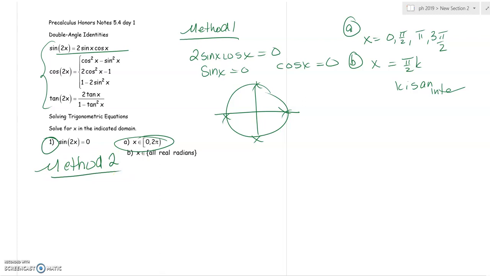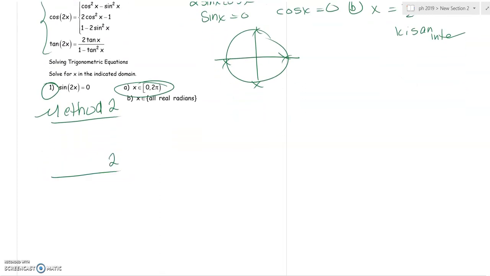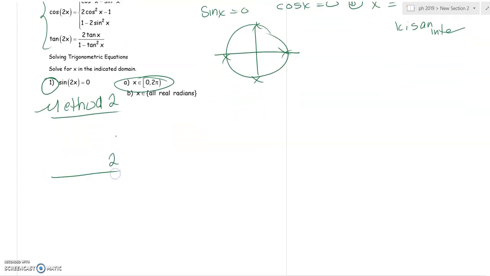What I want you to do is think about, what if we just left sine 2x? When we graph this time, I want you to think about 2x. We're not sketching a graph for 1x, we're sketching a graph for 2x. So it's almost like sine of some angle.